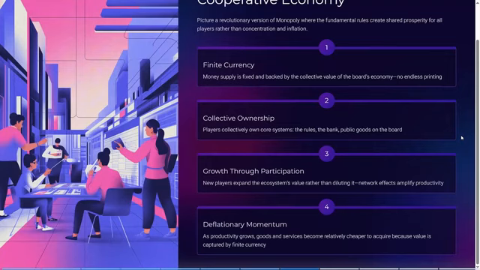So again, if more money doesn't get injected into the system as an infinite system, it gets injected as a finite system, it's actually deflationary. So as that's shared and more players come on board, the purchasing power of that currency actually goes up because there's less of it to share within the players of the game.